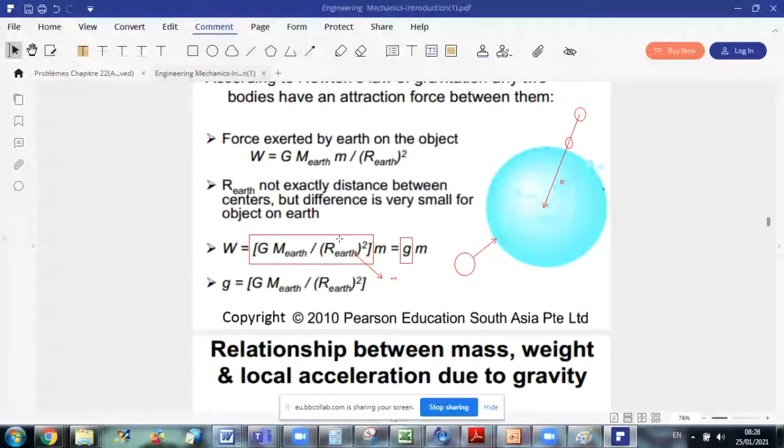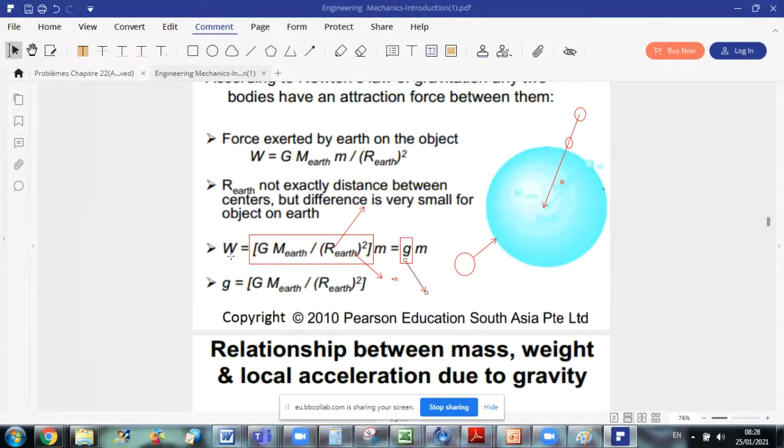So in this case, I will obtain a smaller g, because as you can see here, if this term increases, g will decrease. This is why, if you remember, when we deal with satellite applications, we say that the weight of a satellite can be neglected, because the distance between the center of the Earth and the satellite is very high.